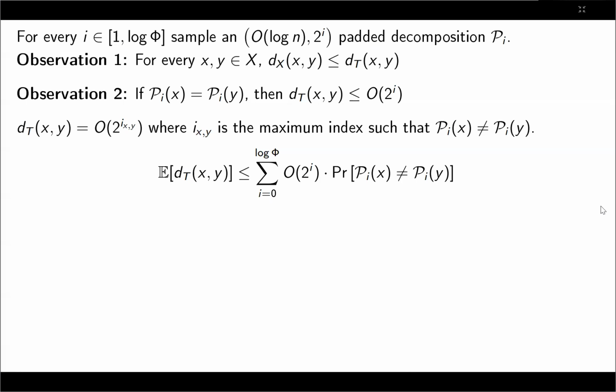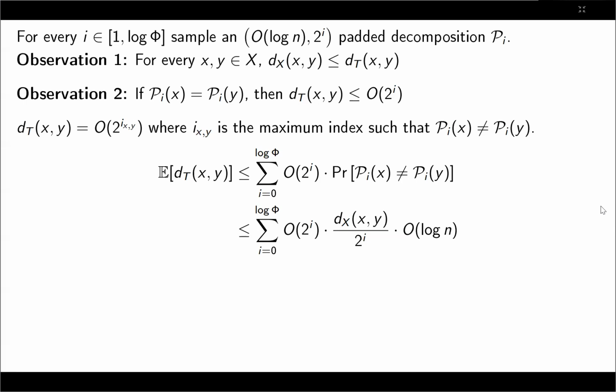So now what's the probability to be separated? So recall, here it's not the tilde thing, it's just the actual padded decomposition. And we've seen that with this padded decomposition, the probability to be separated is proportional to the distance between you. And we can show that the probability to be separated is basically the distance between 2 points, or if you think, we talked about balls, but distance is even easier because X is containing the ball around Y of radius the distance.